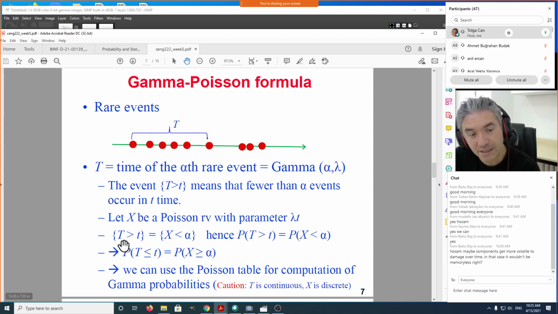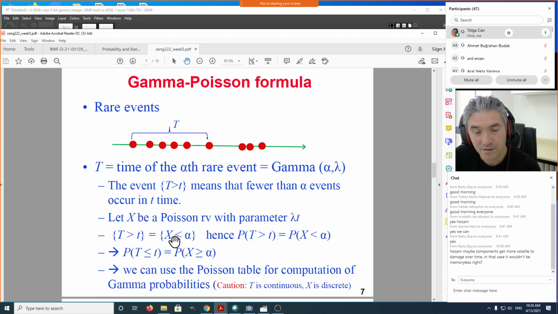So the probability that the waiting time is going to be greater than t, this event, is the same as observing fewer than alpha events in that time interval t, and the number of average events in that time interval t is going to be lambda times t. So here, Poisson is this random variable, and this event is the same thing.